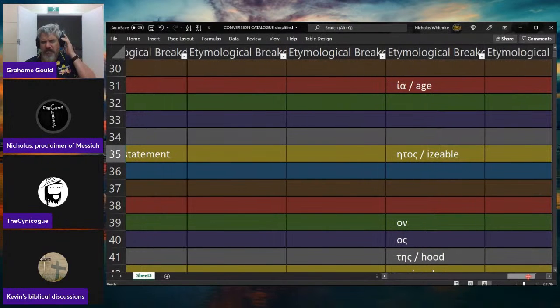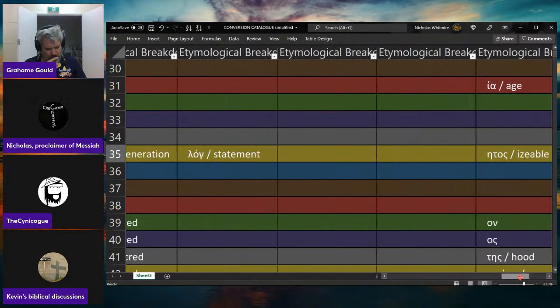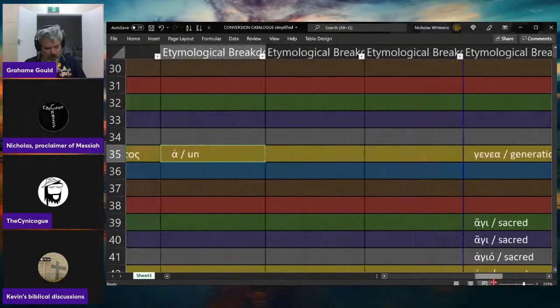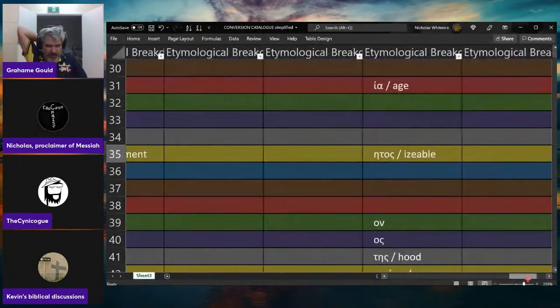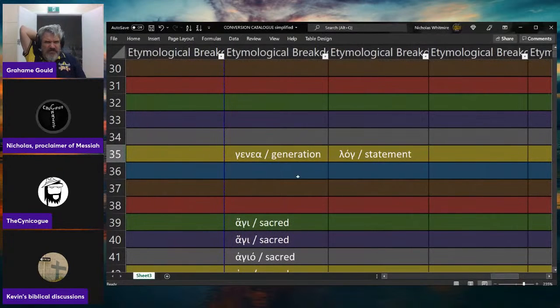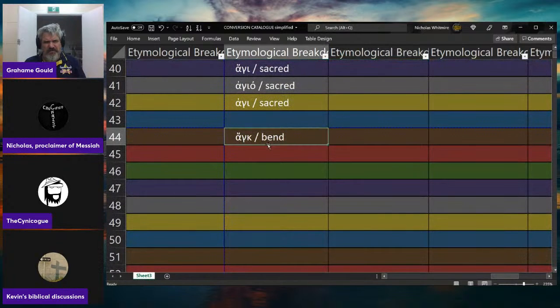So you may know Melchizedek from the book of Hebrews, whose ancestry cannot be accounted. This word is used for him. Ungeneration statementizable. So you see how the words make sense.